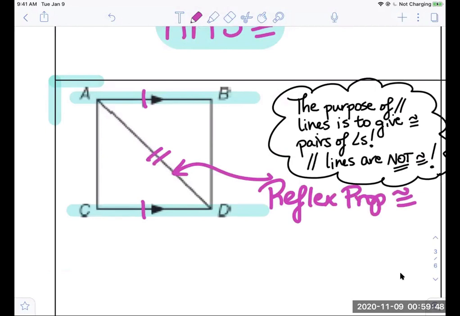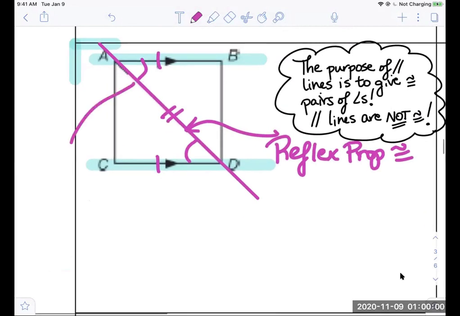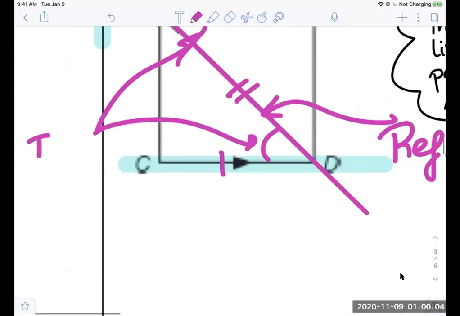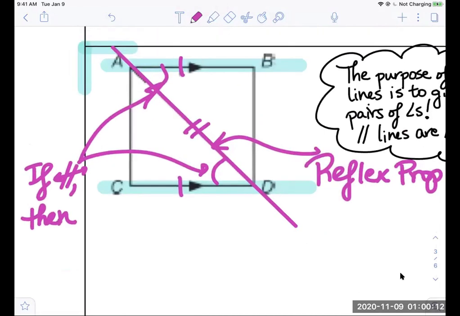And then notice that the parallel lines, if you consider that to be your transversal, that's going to give you this angle and that angle congruent, because if parallel lines are cut by a transversal, then what kind of angles are those? They're alternate interior.